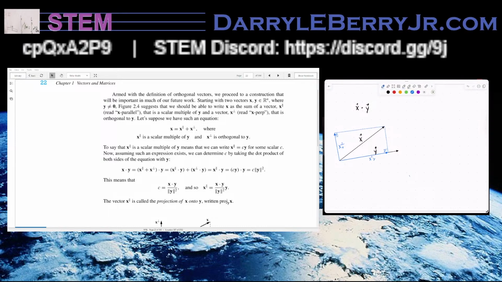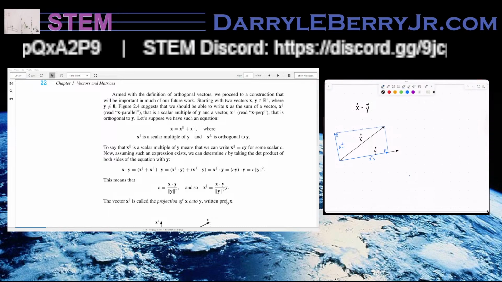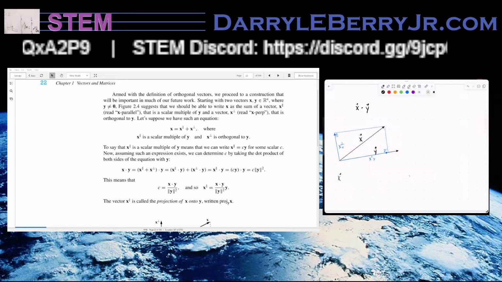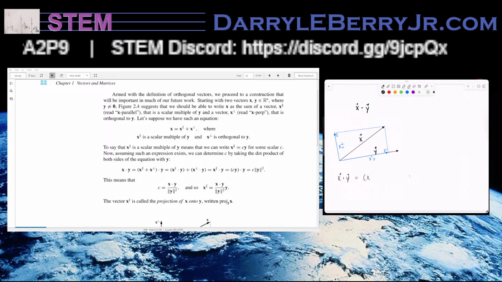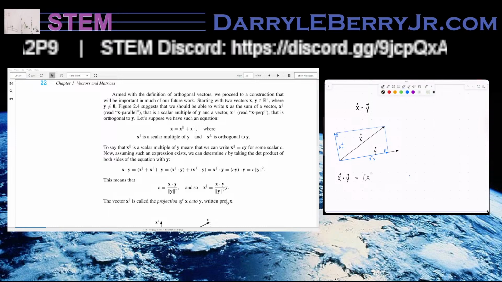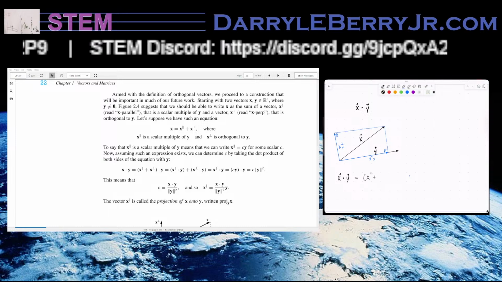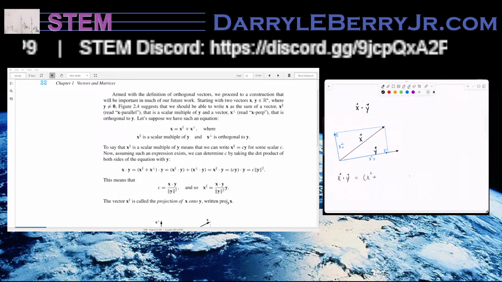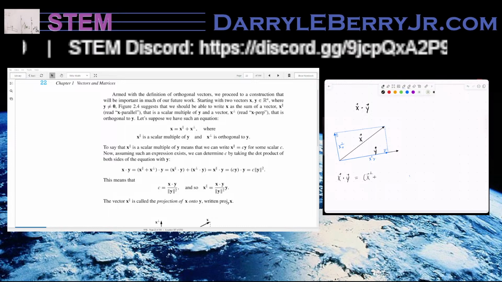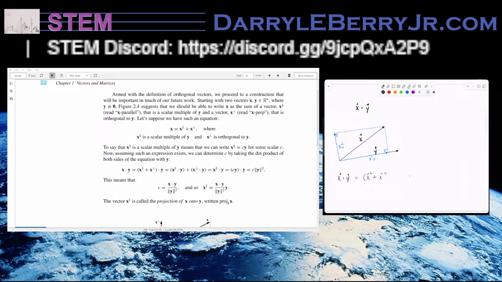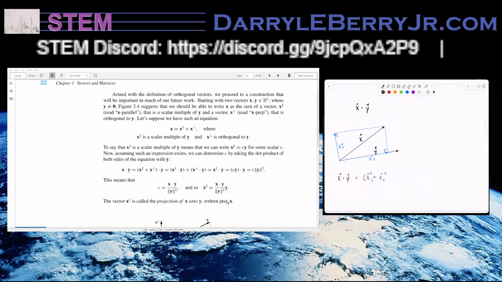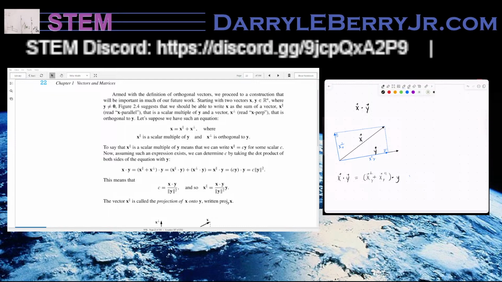So in essence, when we take the dot product of x and y, we can also substitute in the sum of those two, similar to the property earlier, which is probably why they introduced those properties, plus x parallel to y dot y.